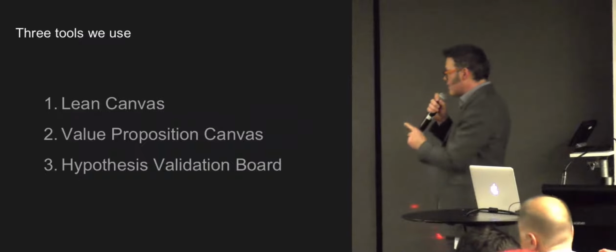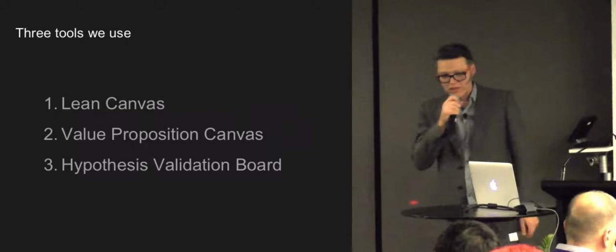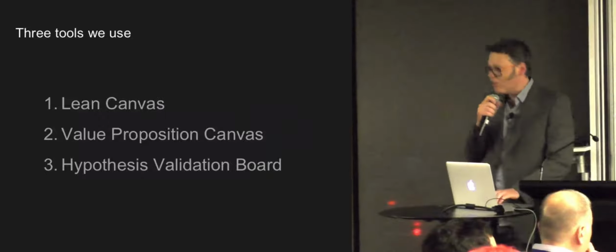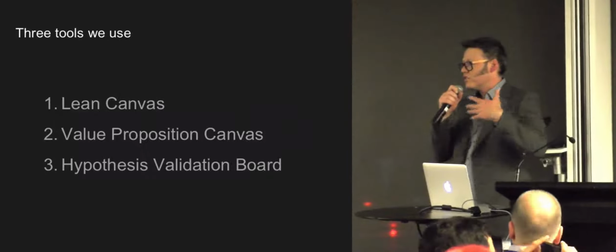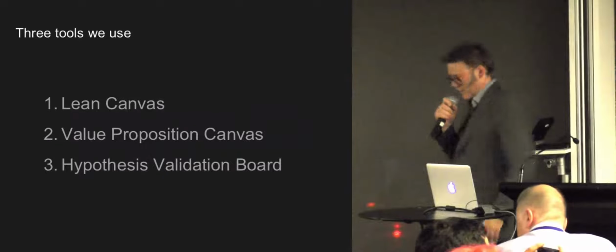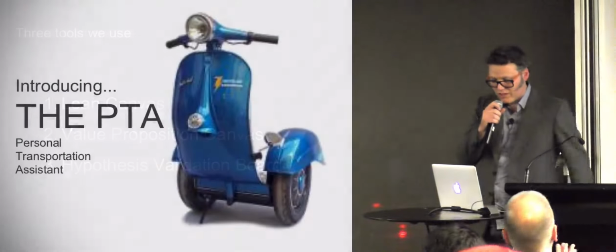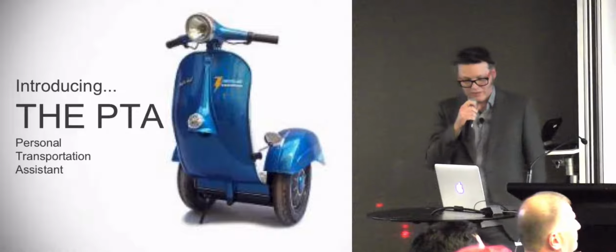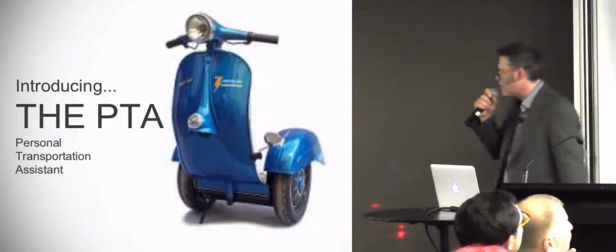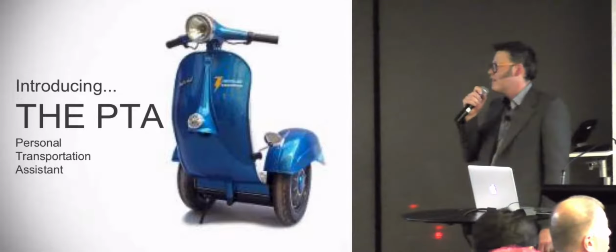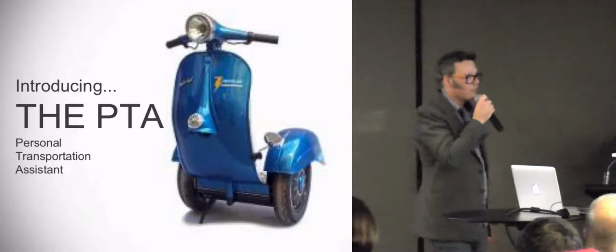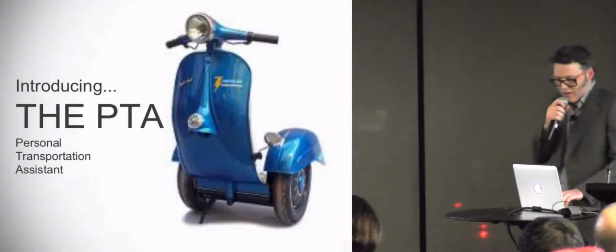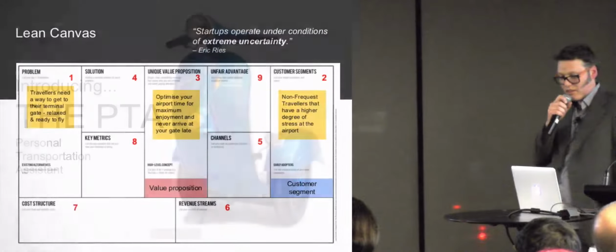Before we get into those, and JD will run you through the ins and outs of them, we thought it might be interesting to show you in a practical way. So basically we're going to introduce the PTA. It's a personal transportation assistant. Now we just came up with this yesterday and we thought, why not? Okay, so JD, take it away.